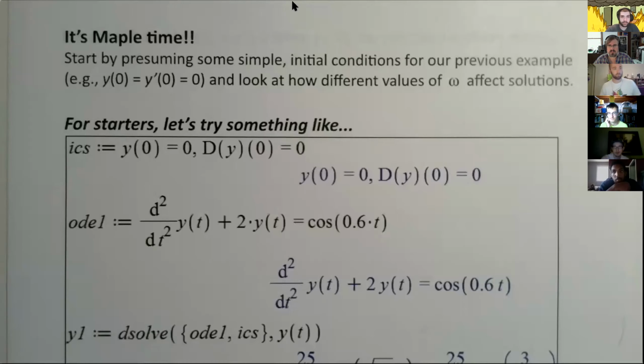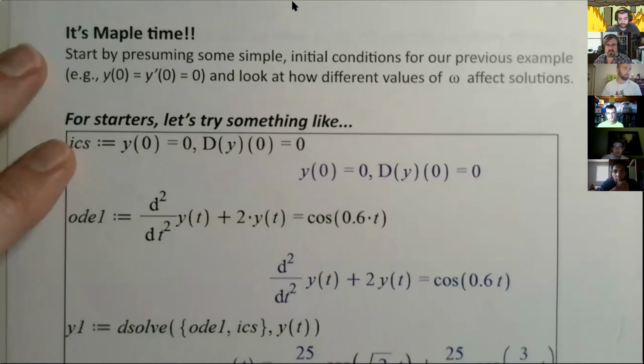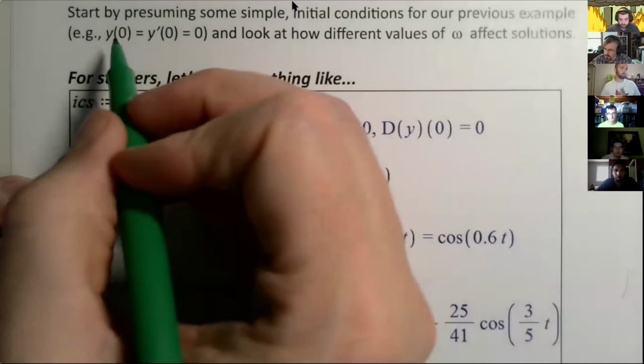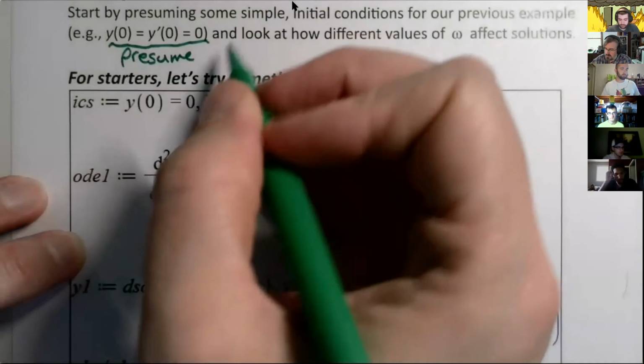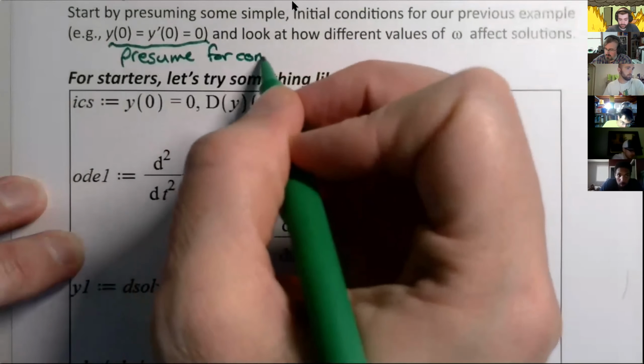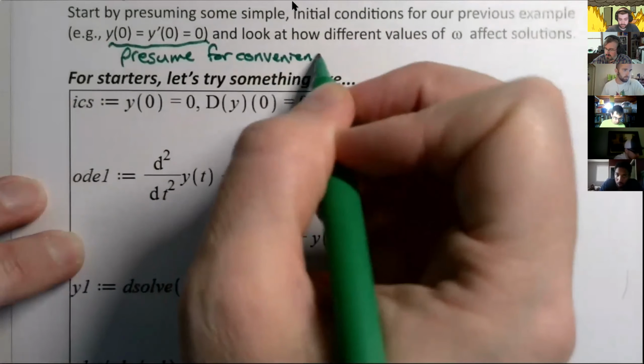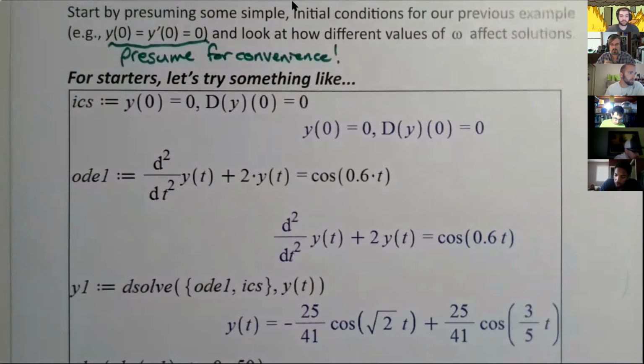Yep. Okay. So we play around with this iterative process, and we just presume these initial conditions for convenience. But notice what we're presuming. We're presuming we start off with no displacement and no initial velocity.